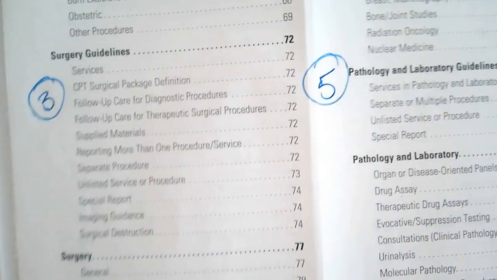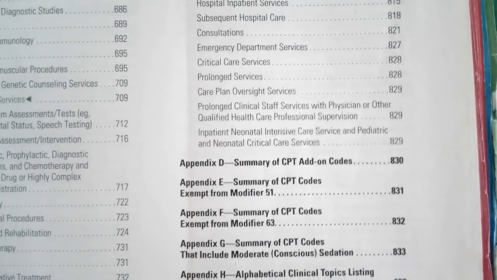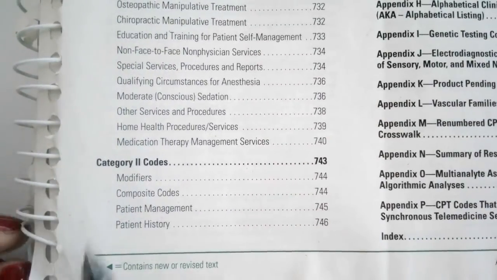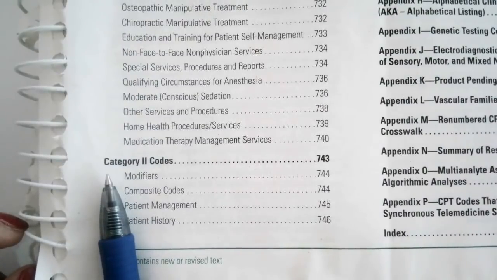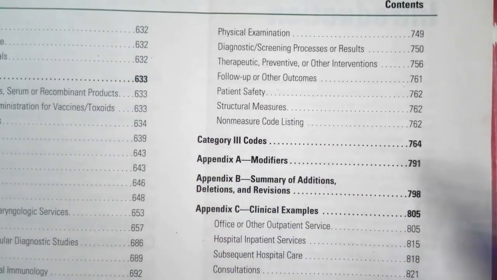Now, as a new user, I think it's beneficial for you to just review what's in each section from the perspective of the table of contents. So then, guys, after those 6 sections of category 1, we have our category 2 codes and our category 3 codes.